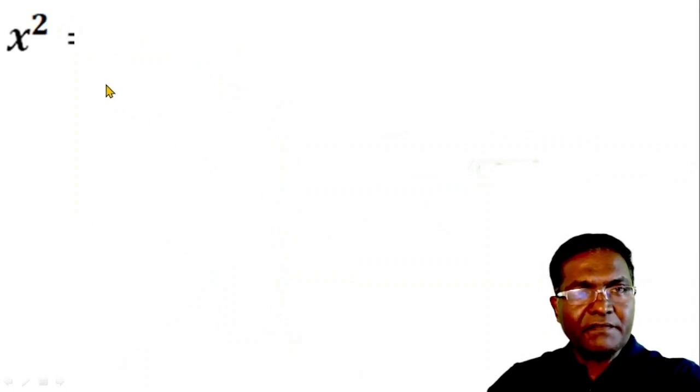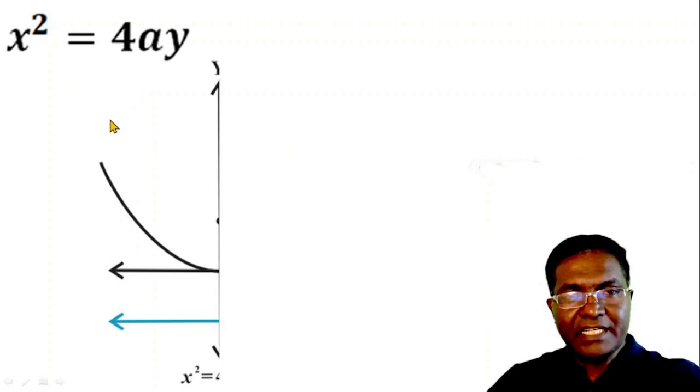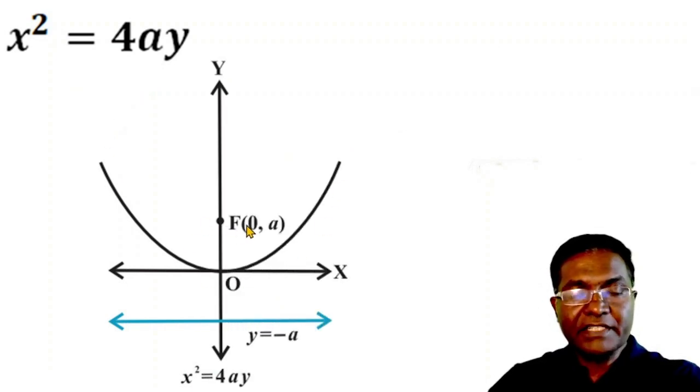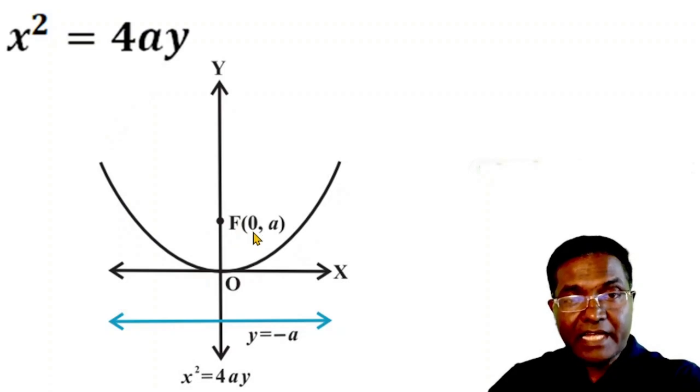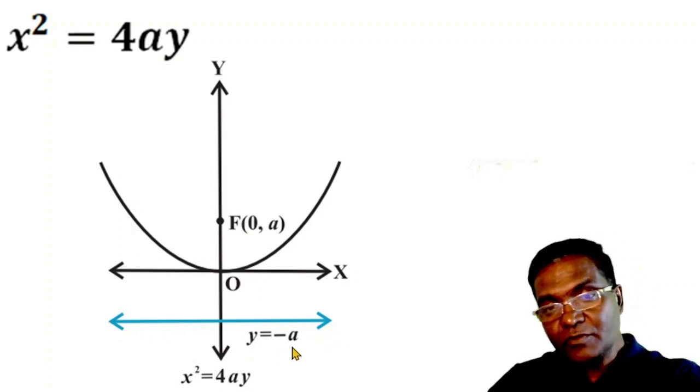Similarly, if you have x square equals 4ay, then its graph will be in this form. The focus will be on the y-axis, that is at (0, a), and the directrix is y equals minus a, a line parallel to the x-axis.